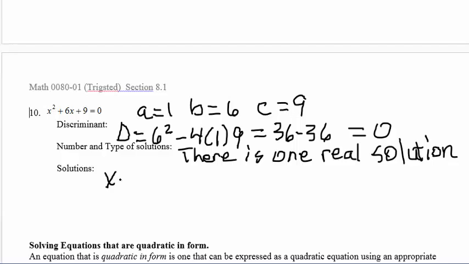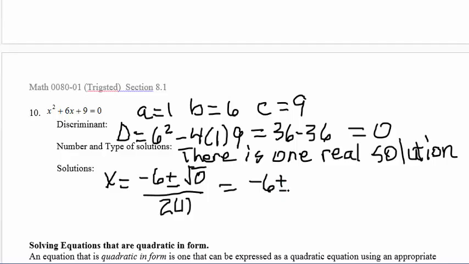So x is minus b, which is minus 6, plus or minus the square root of d. Remember, d was 0, so that's plus or minus the square root of 0 over 2a, 2 times 1. So this is minus 6 plus or minus 0.